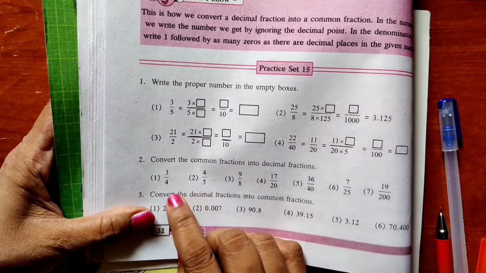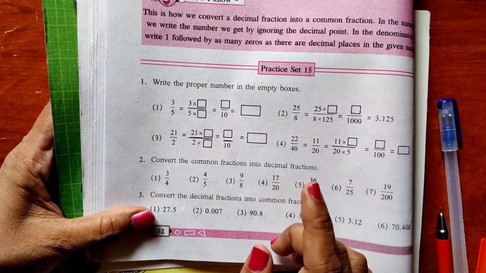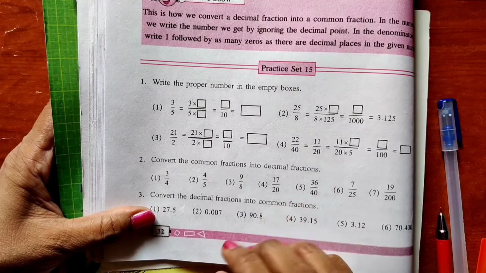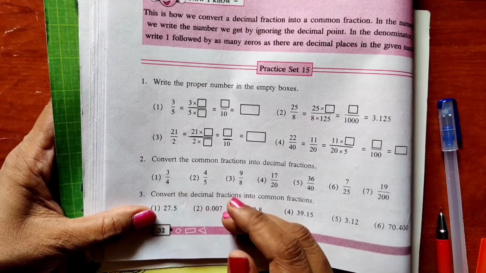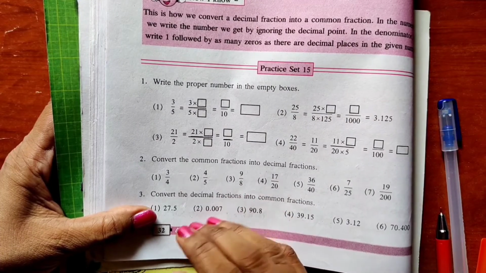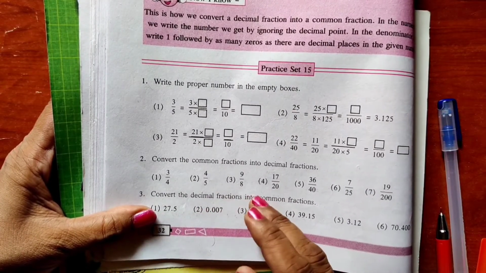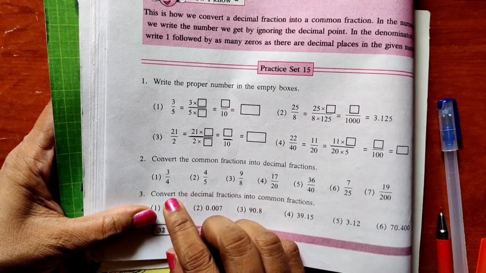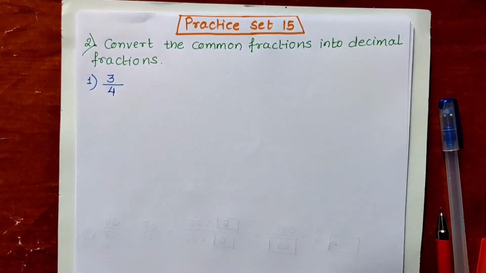We have to see that in the denominator of all these numbers, we should get numbers which are multiples of 10. That means in the denominator somehow, either by multiplication or by division, we should get 10, 100, 1000, 10,000 like that. We should get those numbers which are multiples of 10s only. So let us solve this first sum, 3 upon 4.